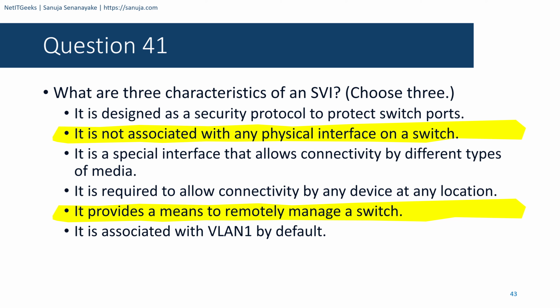Layer 2 switches don't actually need IP addresses except for the SVI, because that way we can have that remote access and remote management interface. And it is associated with VLAN 1 by default on all Cisco devices. It's baked into Cisco IOS. So those are the 3 answers for question number 41.